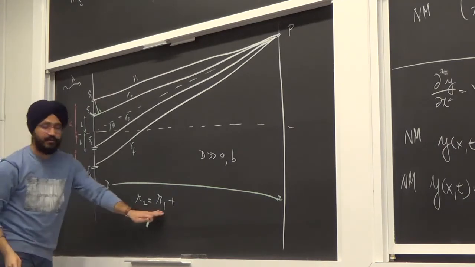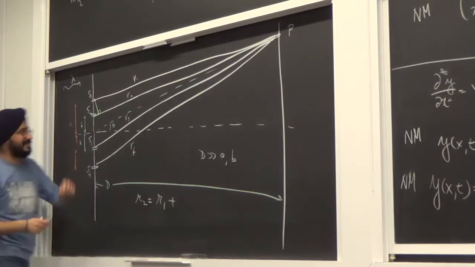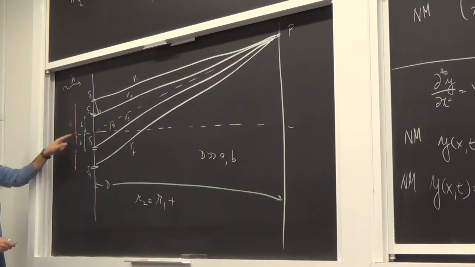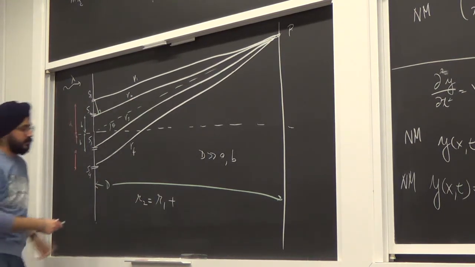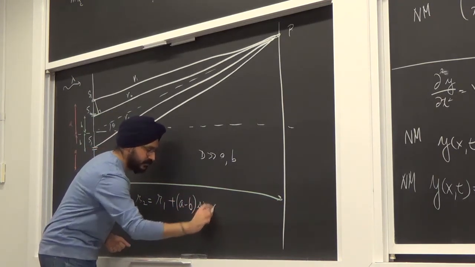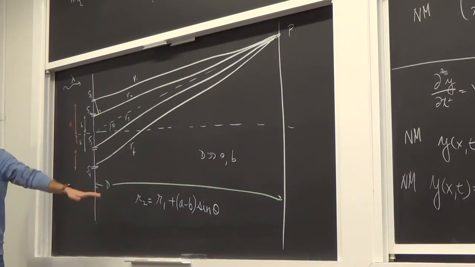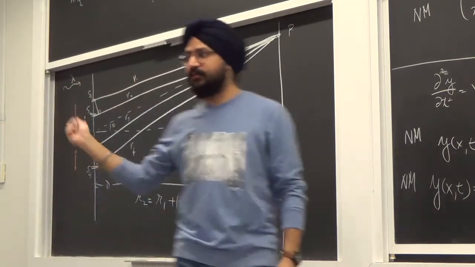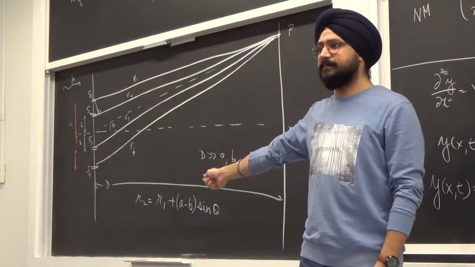So how much is R1 plus what? It's the distance between the two slits, the S2, S1 distance, which is A minus B. So this is A minus B times sine theta. Do we all see that? Any questions about this? This is not the most obvious thing. If you're confused, please ask me.